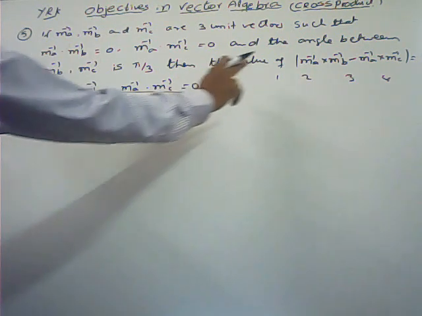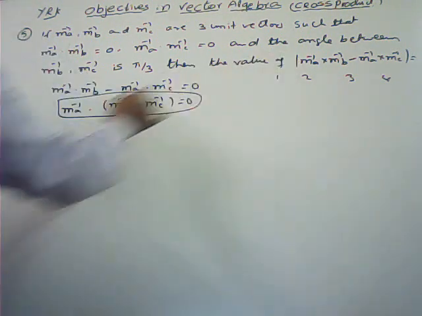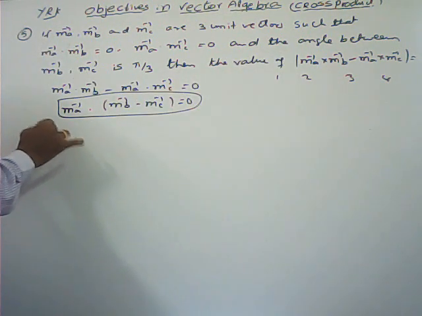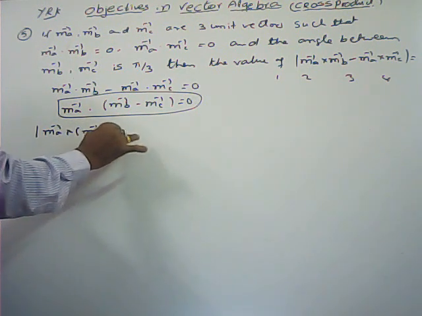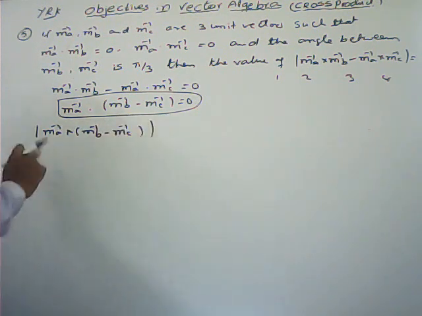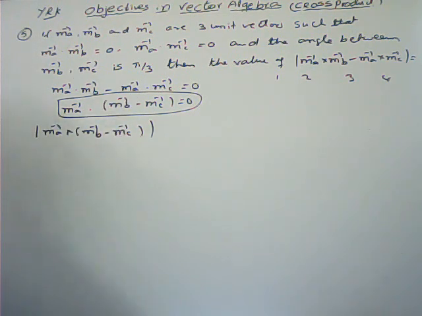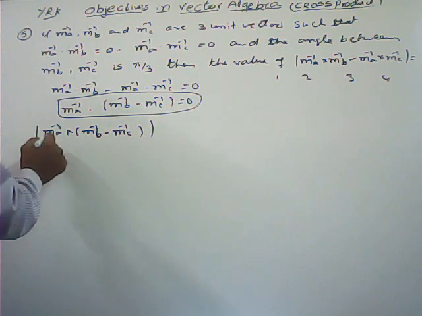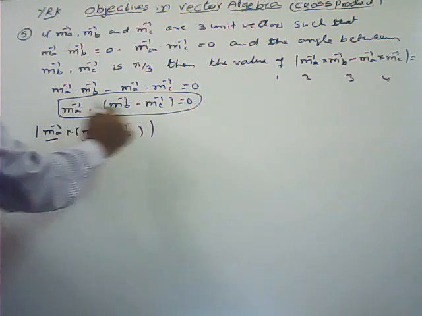Here we want the value of that one. Modulus of, here also I can write, MA bar cross MB bar minus MC bar, that is MA bar cross MB bar minus MA bar cross MC bar. Expanding this, modulus of A bar cross B bar we can write as modulus of A bar, modulus of B bar, sine of angle between the two.